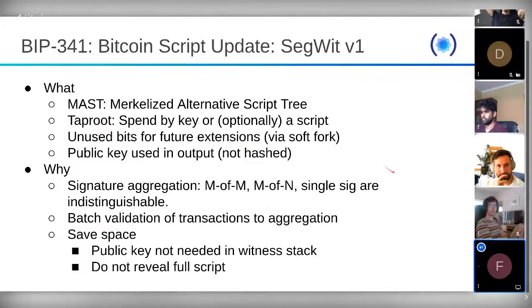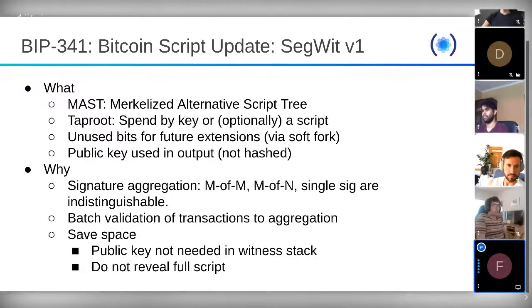All right. The next BIP is BIP 341, and this introduces the Bitcoin script update, SegWit v1. Today we have SegWit v0, the first SegWit. Now we introduce the second version of SegWit, which is v1. In this BIP, we define our MAST, our Merkleized Alternative Script Tree, and how it should be built, and some characteristics.